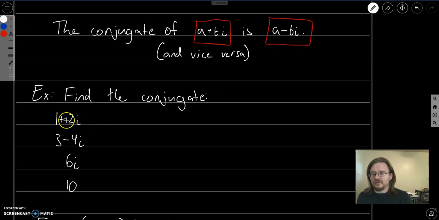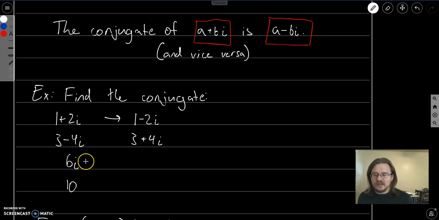So for instance, if I have 1 plus 2i, the conjugate is going to be 1 minus 2i. If I have 3 minus 4i, the conjugate will be 3 plus 4i. And when we see numbers that aren't complex in the sense that this is more of an imaginary number, and this is more of just a real number, what would the conjugate be?